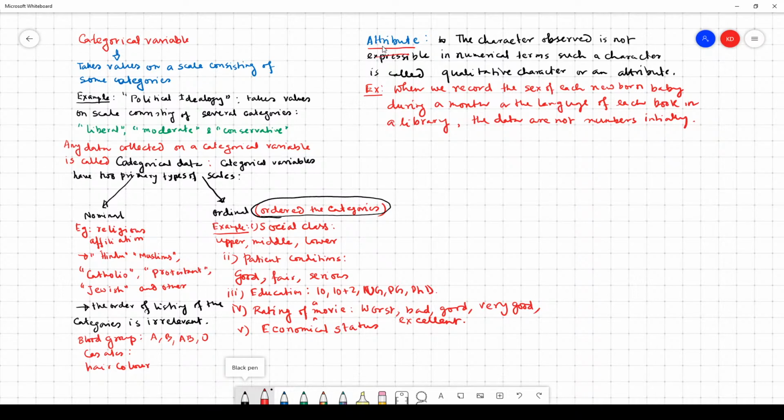But for example, the number of books written in English, the number of... here we get a number. We mentioned this point also.